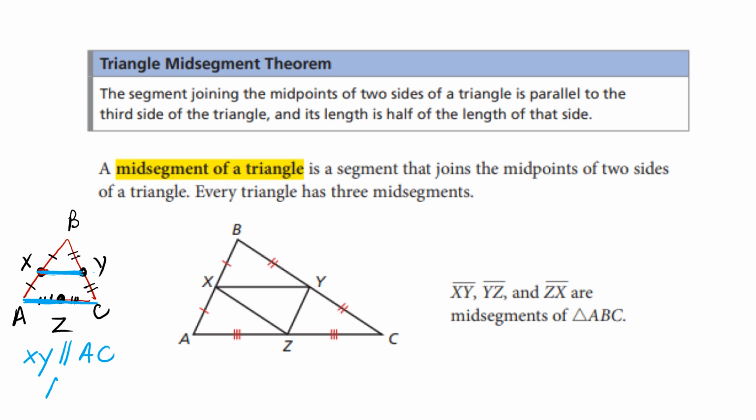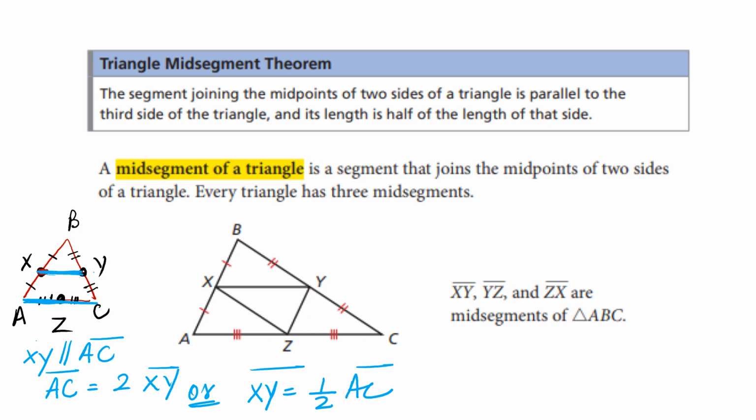So we can say AC equals 2 times XY, or the same relationship, in other words, XY is half the measurement of AC. Do you understand the relation? Because whenever we talk about any theorem, we must know the relationship between the different segments.